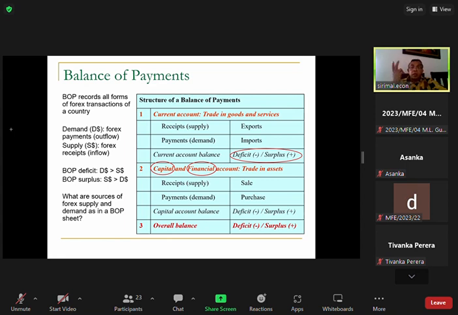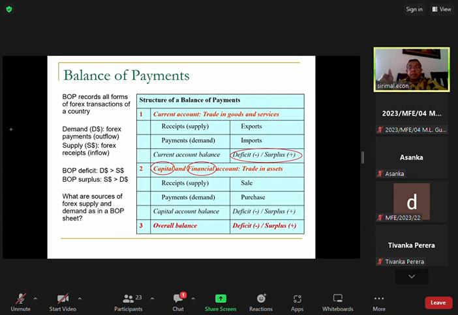There are two types of financial transactions. Number one, FDI, foreign direct investment. So if we receive foreign investment, that is an inflow. But if our companies take their businesses abroad and set up their hotels or factories or whatever it is in other countries, that is outbound FDI.